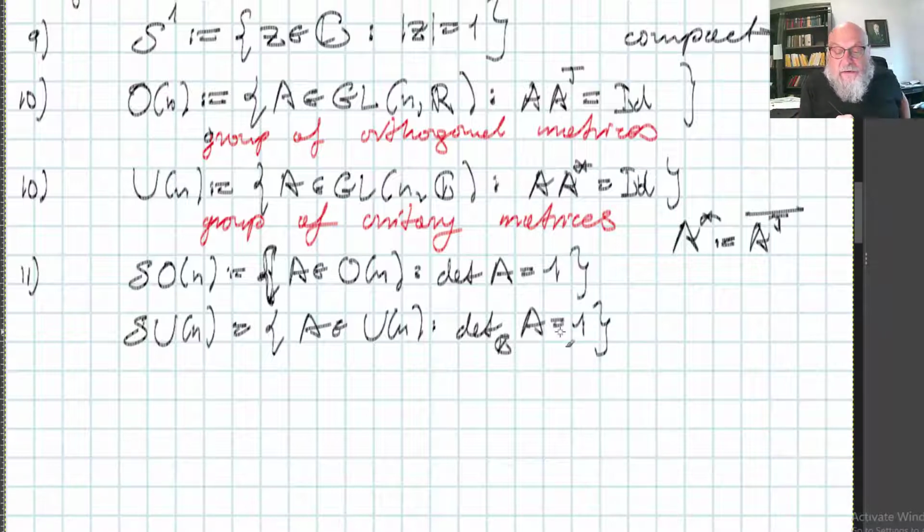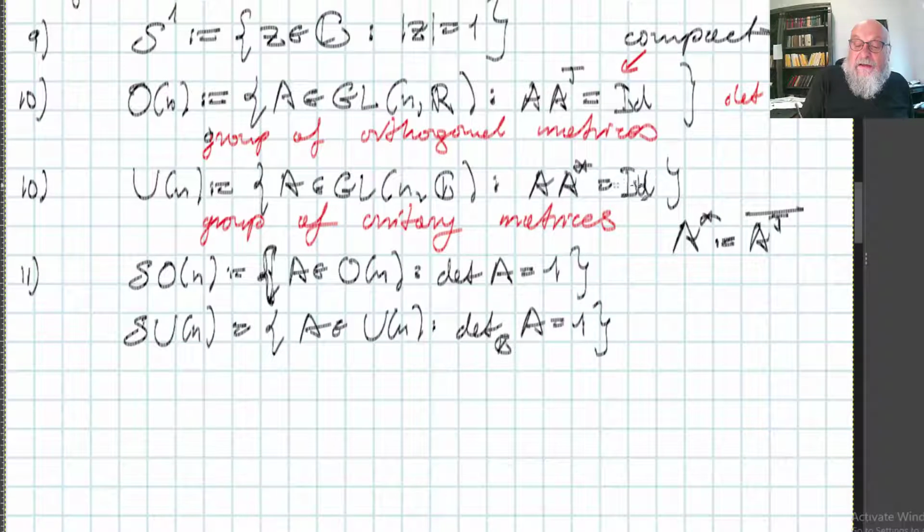Of course, you can easily verify that this condition implies that for an orthogonal matrix the determinant of A must be equal to plus or minus 1.